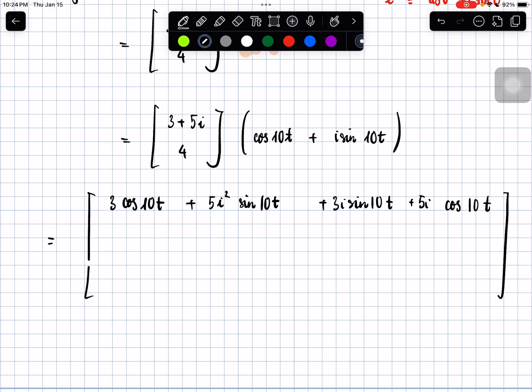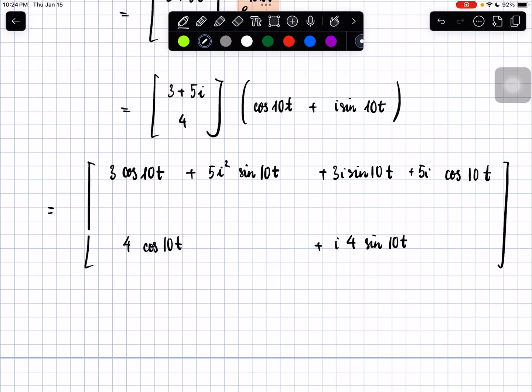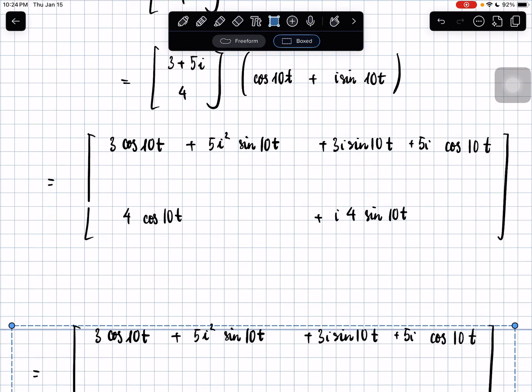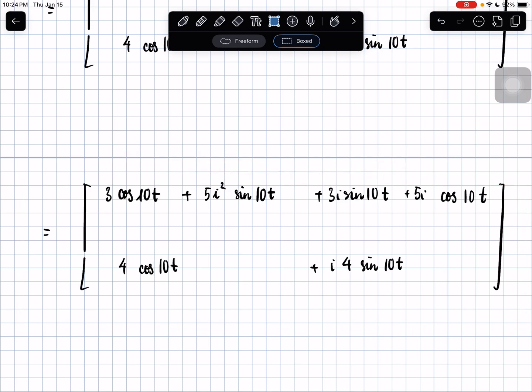The other one we have 4 cosine 10t plus i 4 sine 10t. So let's group that. First of all, i squared is minus 1, so minus 5 sine of 10t.